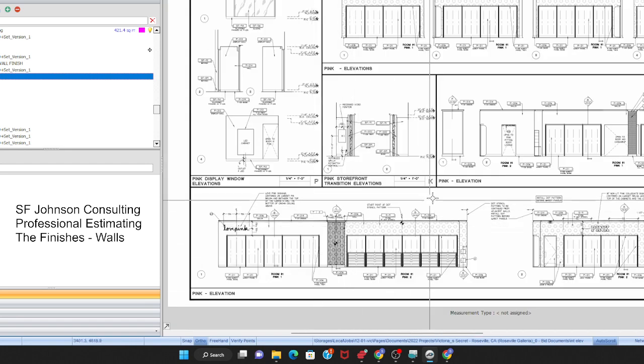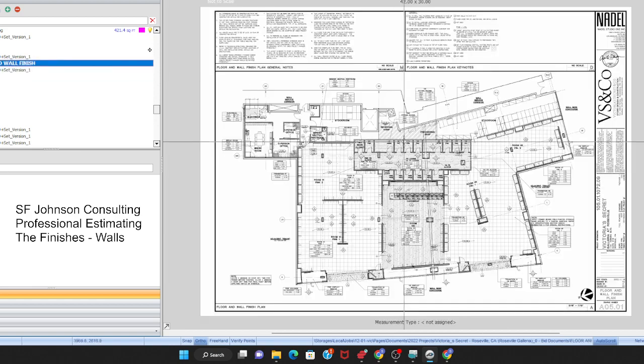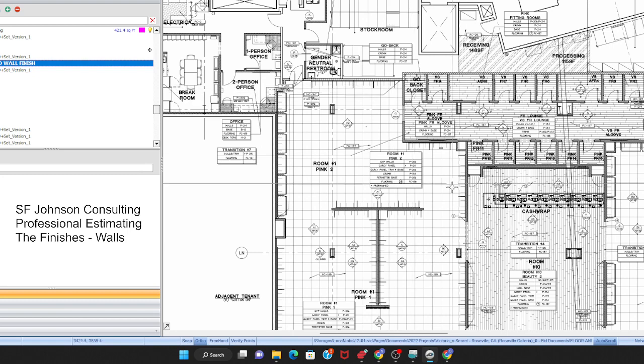All right, so wall finishes. Wall, whatever. So I mean, you can use the finish plan for your wall bases. I normally don't use the interior elevation views for wall base. I just don't, because it's probably just once I do the wall, the floor finish.